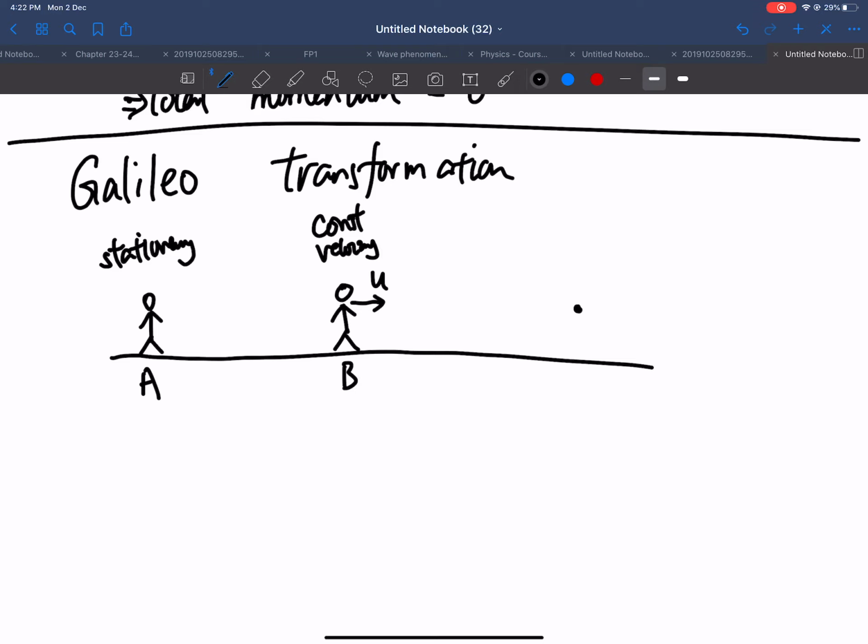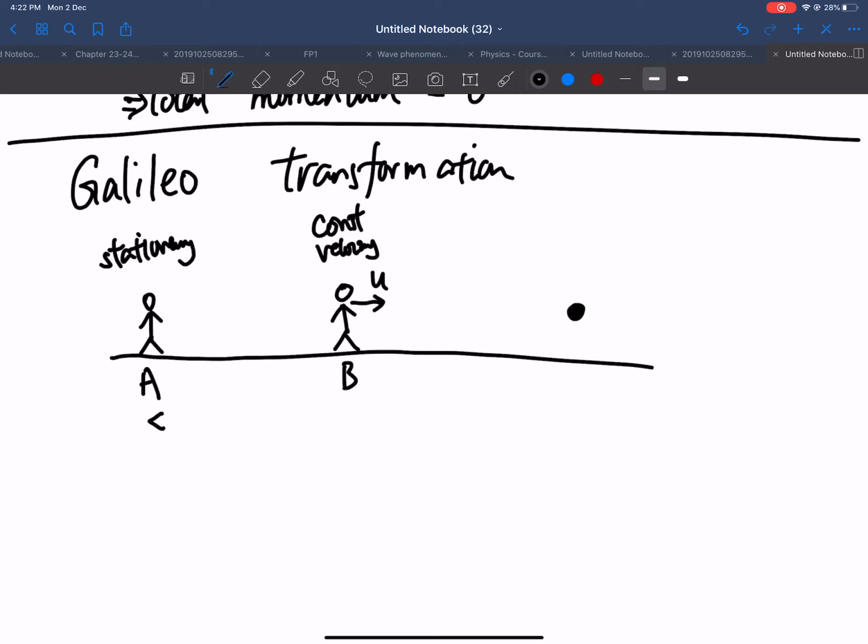Then there is another object, a flying object, moving with constant velocity v.